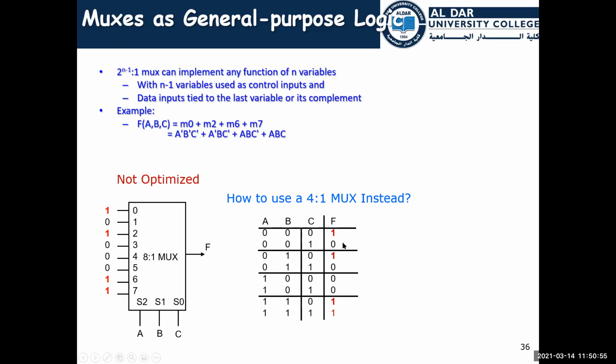We want the function to be 0 and 1 in this part, or 1 and 0 in this part. And when A, B is 0, 0, I want the function to be 1, 0. When A, B is 0, 1, I want the function to be 1, 0. And when A, B is 1, 0, I want the function to be 0, all 0. And when A, B is 1, 1, I want the function to be 1.